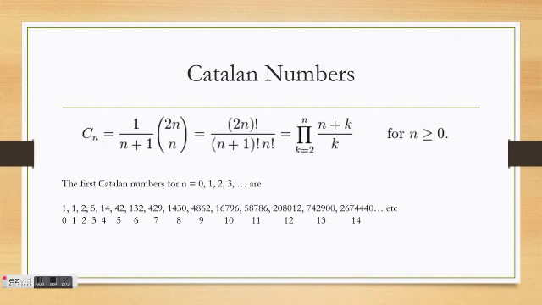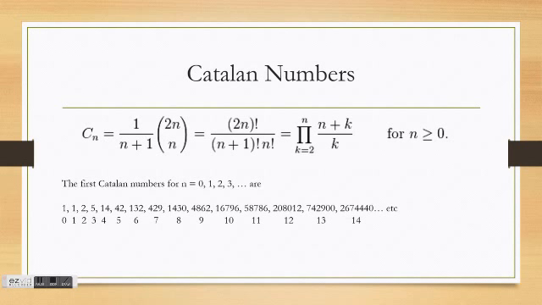We start with C subscript n, where n can be any number greater than or equal to zero. We use binomials. In this equation we get 1 over n plus 1 times the binomial 2n choose n, which is 2n factorial over n plus 1 factorial times n factorial.